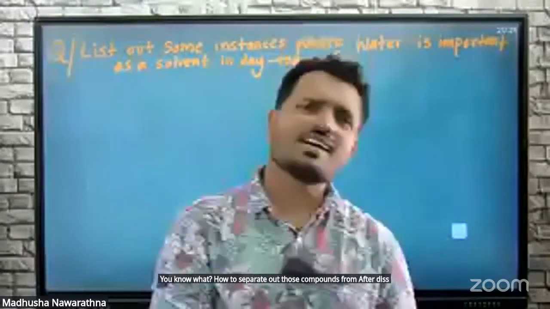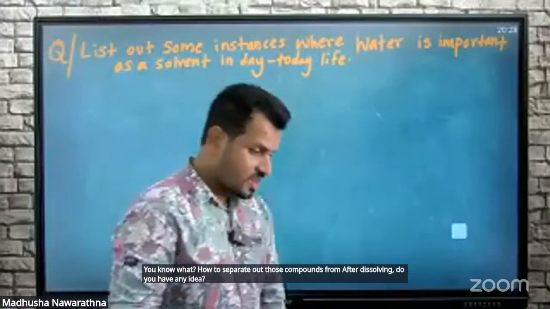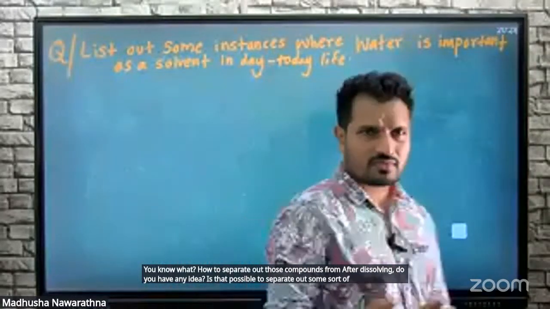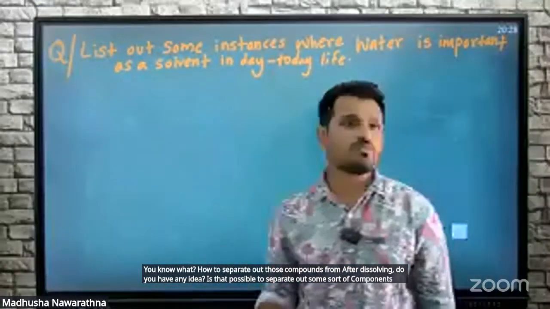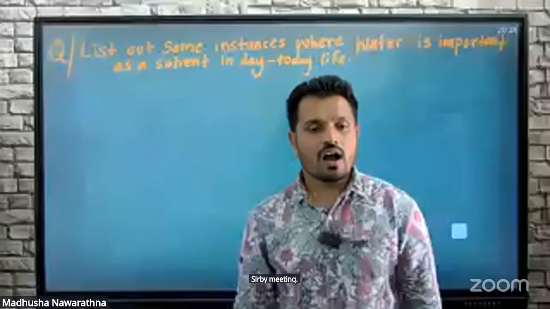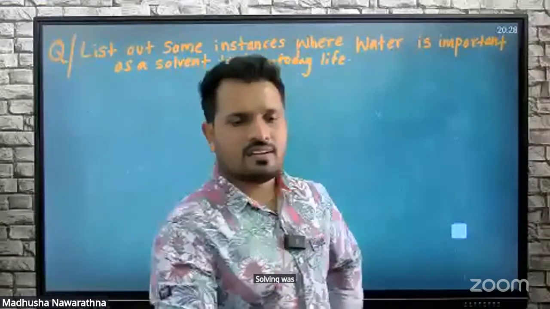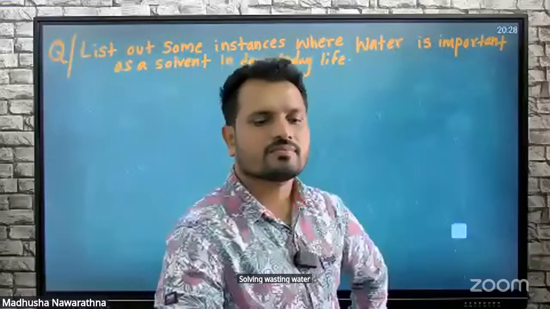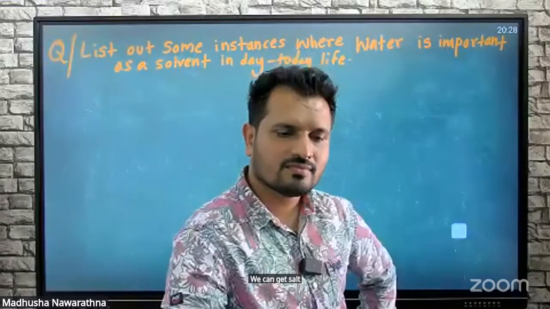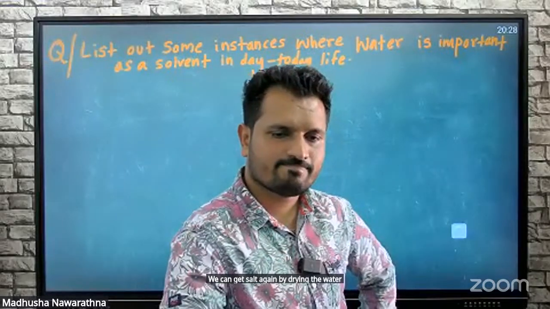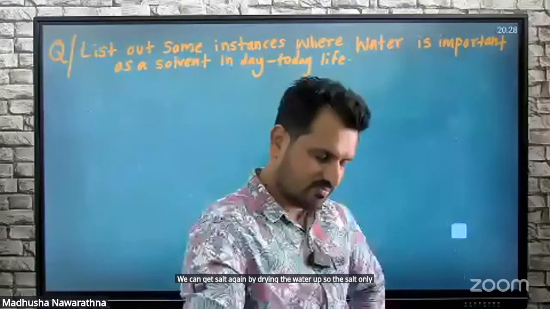Is it possible to separate out some components after dissolving in water? With salt water, we can get salt again by drying the water up, so only the salt appears.